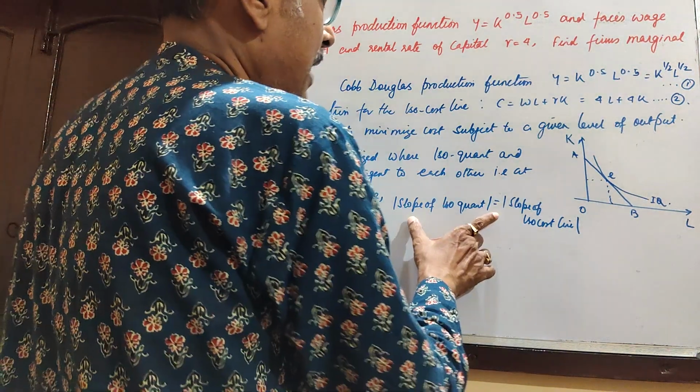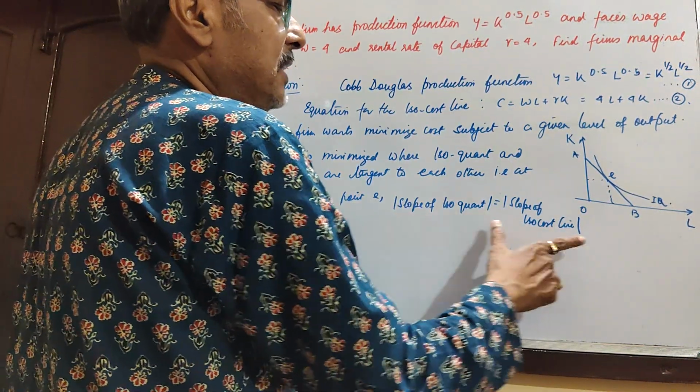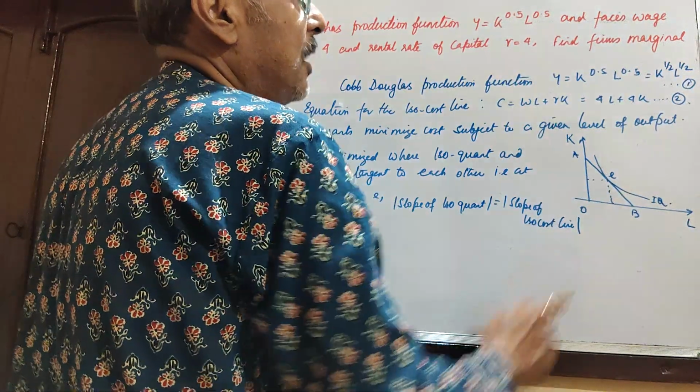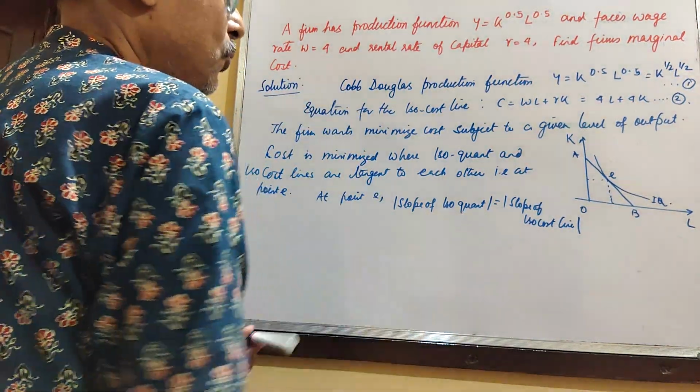Now I am taking the absolute slope, the mod value, of the isoquant and the isocost line, because both curves are downward sloping. Now what is the slope of isoquant?